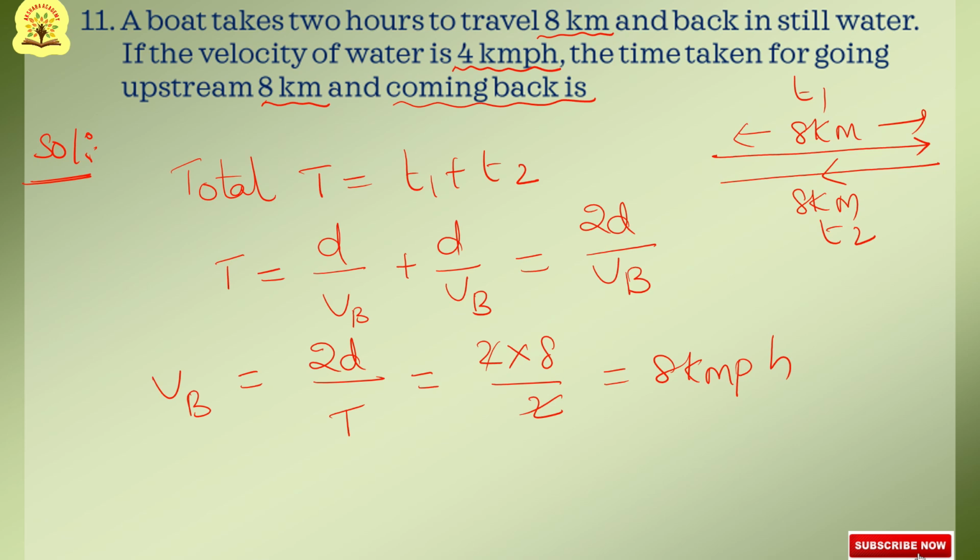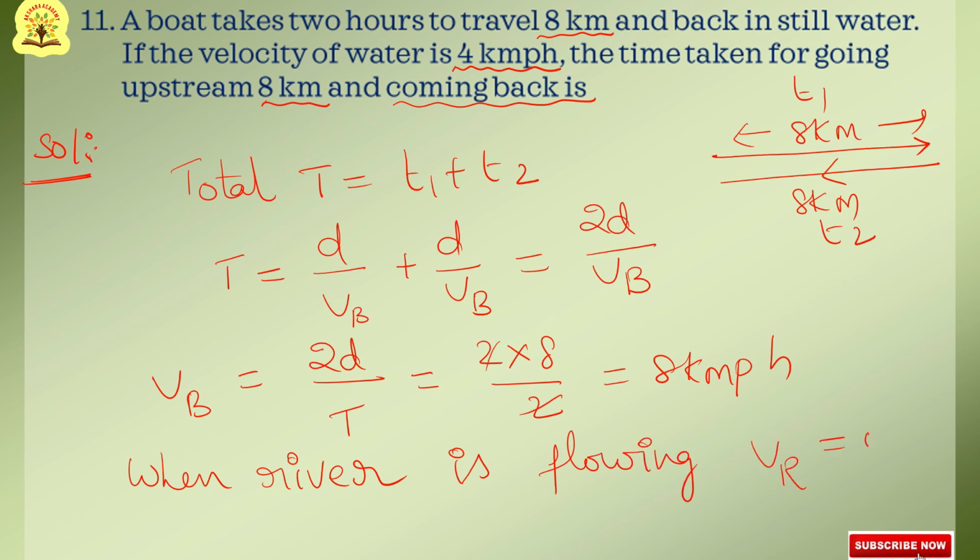When the river is flowing, velocity of water is given as 4 kilometer per hour. So the velocity of river VR is 4 kilometer per hour. Then T is equal to T downstream plus T upstream.